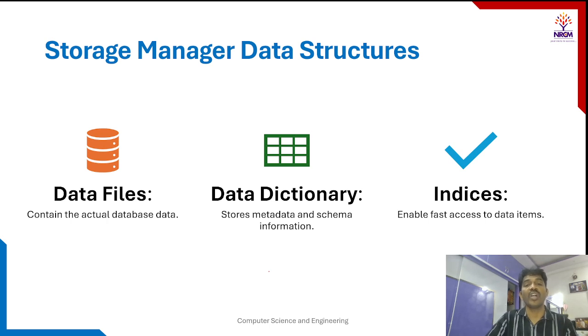The storage manager also handles the data files, the data dictionaries and the indices. The data files contain the actual database data, the dictionaries store the metadata and the schema information, and the indices enable fast access to the data items. For everything there is an index, and based on that index you access the data quickly.